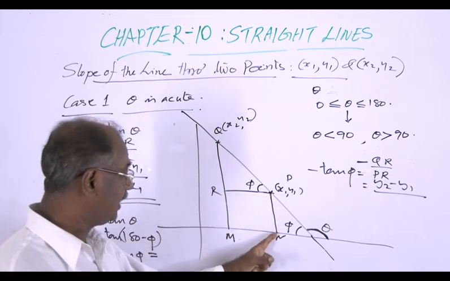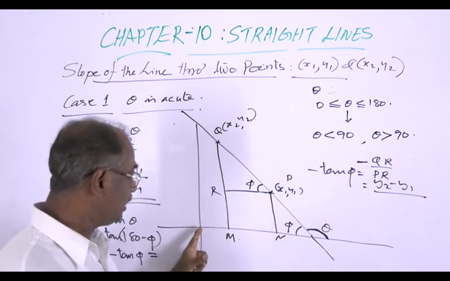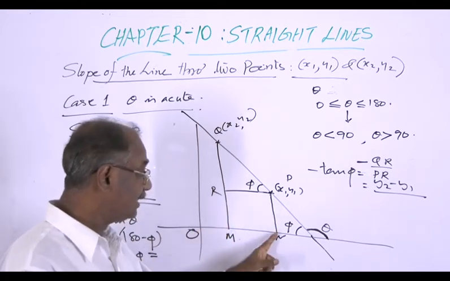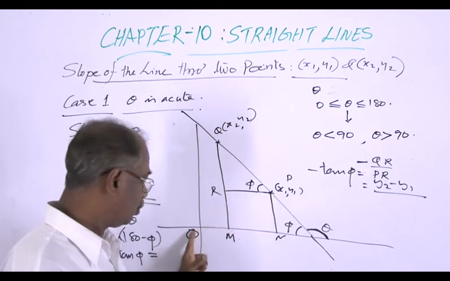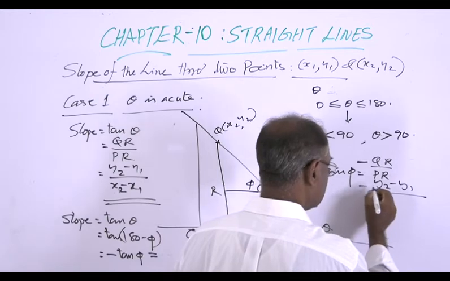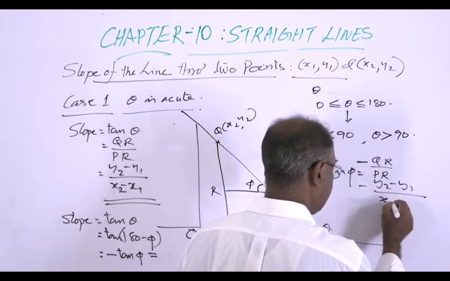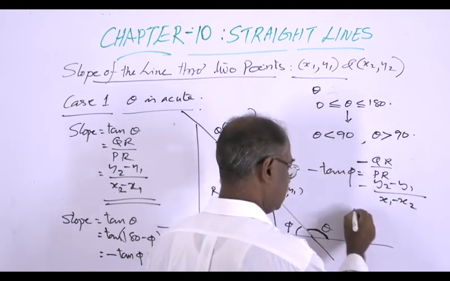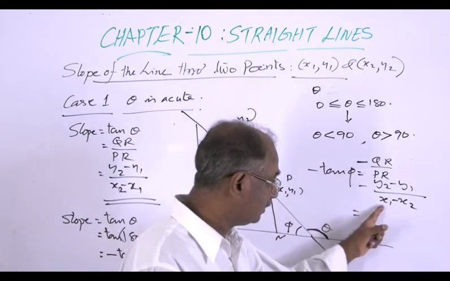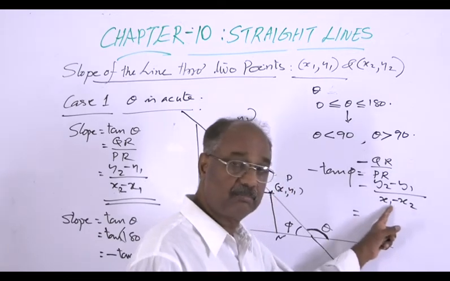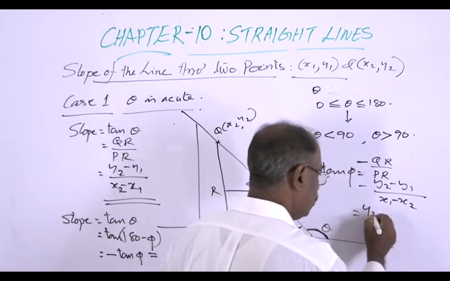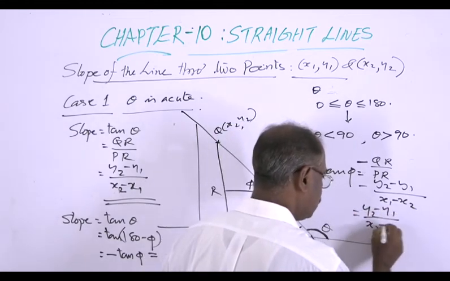PR is NM, which is ON minus OM, with x1 and x2, so this is minus y2 minus y1 divided by x1 minus x2, and minus x1 minus x2 becomes x2 minus x1, so this is equal to y2 minus y1 by x2 minus x1.